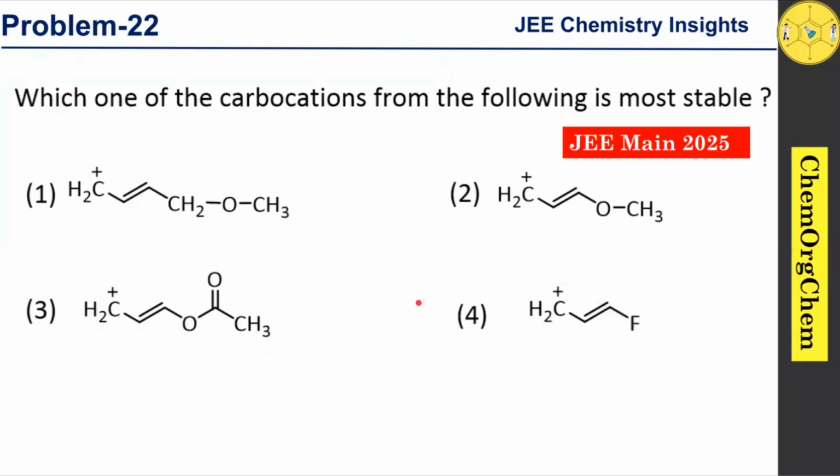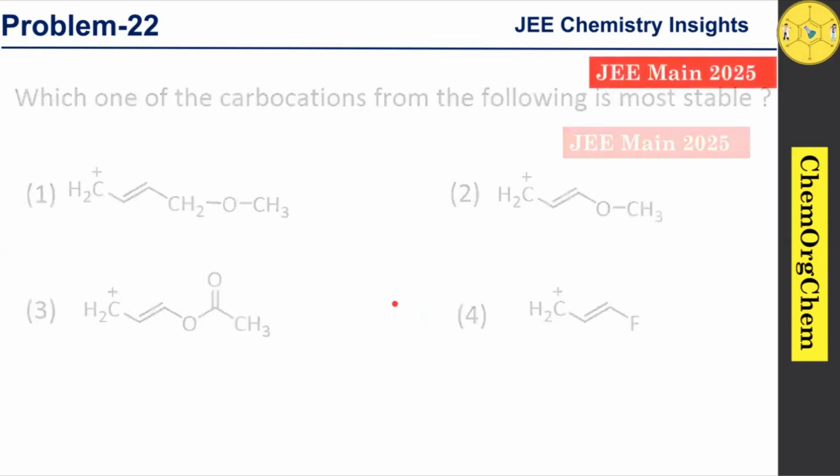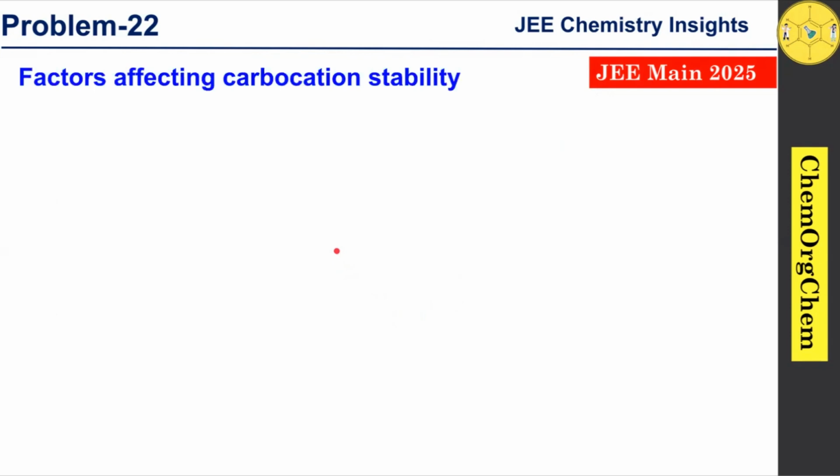So here there will definitely be a $1 million question: which of these carbocations is most stable? To answer this, we need to think about what factors are important to stabilize a carbocation. Let's briefly see the important factors that affect carbocation stability.